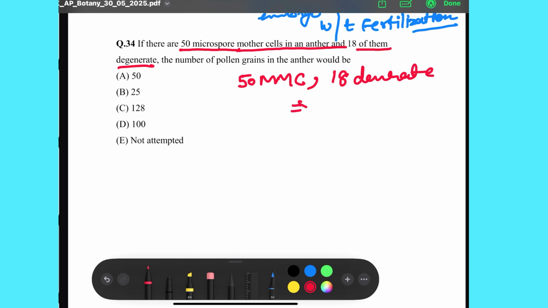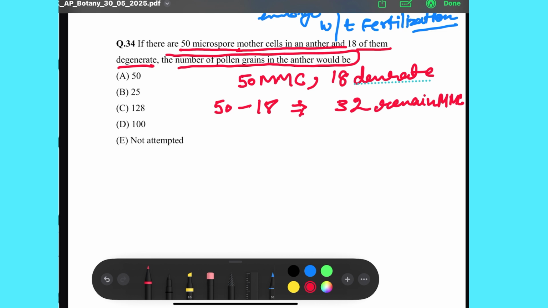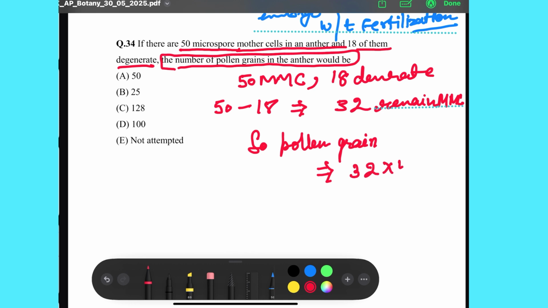So we can say 50 minus 18 is equal to 32 remaining mother cells. The number of pollen grains in the anther would be, we will multiply 32 by 4 is equal to 128. So answer will be 128.